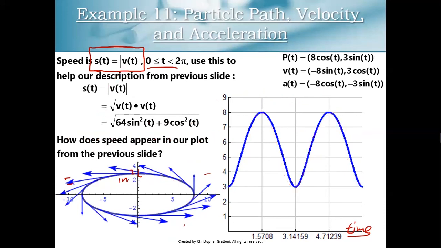If we want to understand our scalar plot, we understand it by looking at the magnitudes in our vector plot here. So you could see that this slower speed corresponds to this smaller magnitude. This larger magnitude matches up with this higher speed, and so on and so forth.